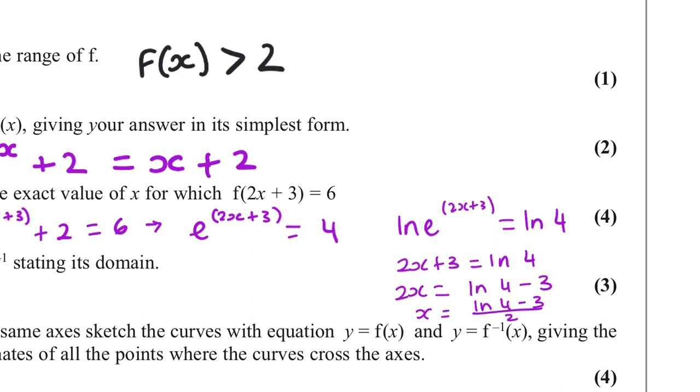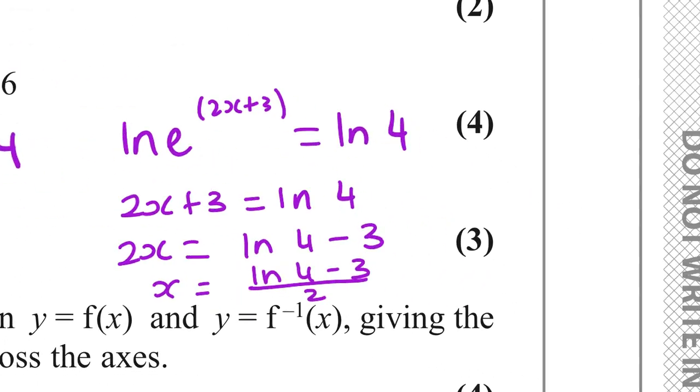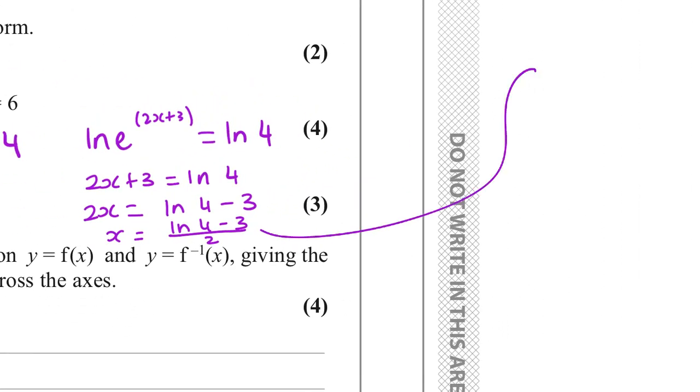Okay, so we can keep it as this, but just another thing. This is the same as x equals a half ln of 4 minus 3 over 2, which we know, a half ln 4 is the same as ln of 4 to the power of half, which is ln 2, minus 3 over 2. Now, in the mark scheme, either solution is accepted, okay?